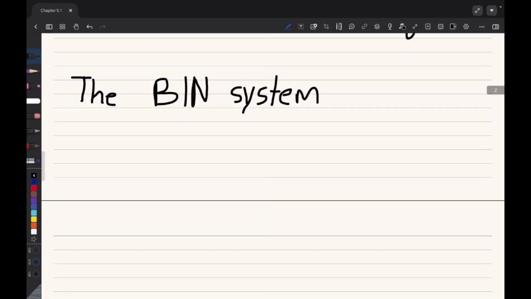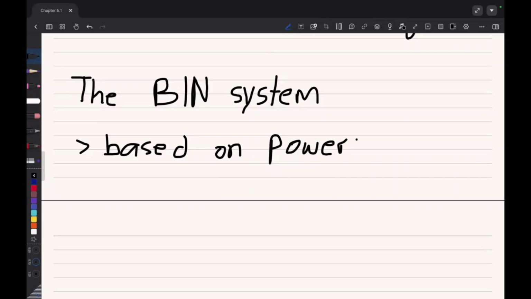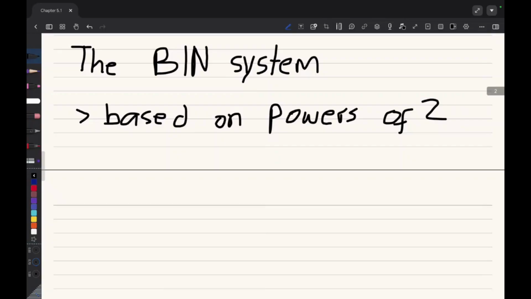The binary system is based on powers of two, for example, 2 to the power 1, 2 to the power 0. It's based on these powers.